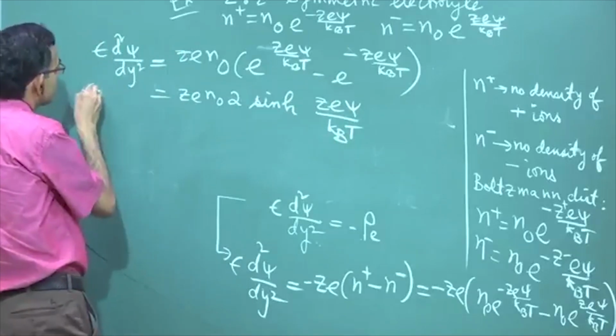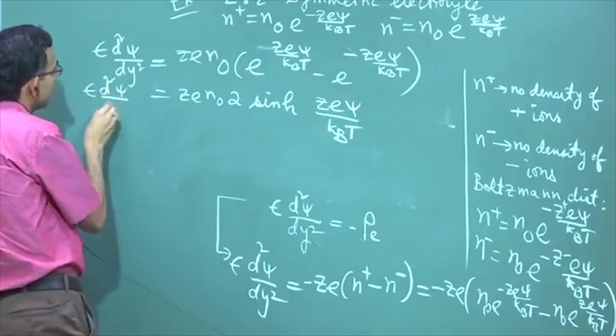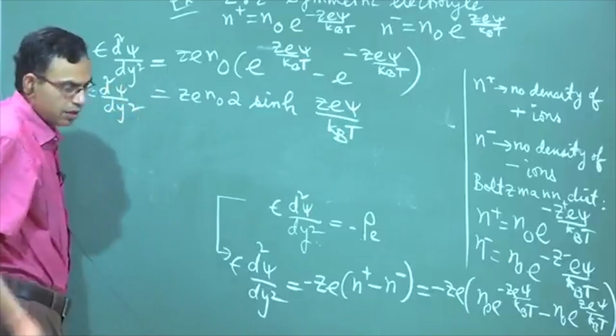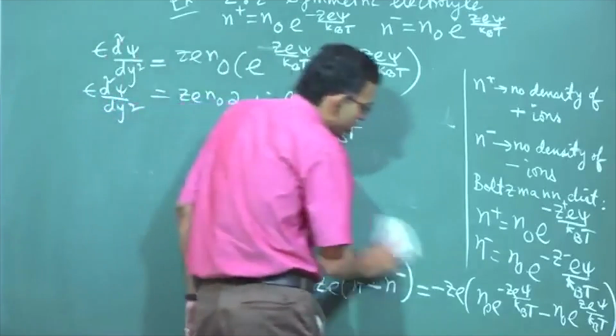So, this equation is the so-called Poisson-Boltzmann equation.